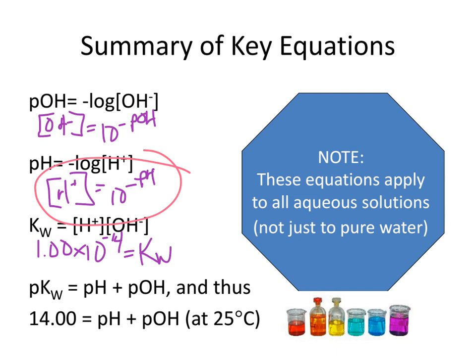So we have the pOH formula, the pH formula. Then we have the fact that if you multiply the ion concentrations, you should get Kw, which has been determined to be 1 times 10 to the negative 14th. And then we also have the summative formula here that if you add the pH and the pOH, you should get 14 using logarithm rules.